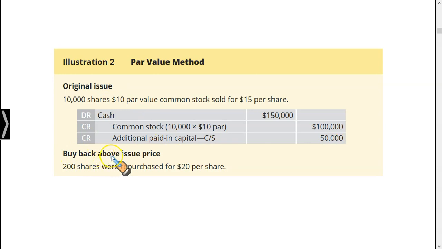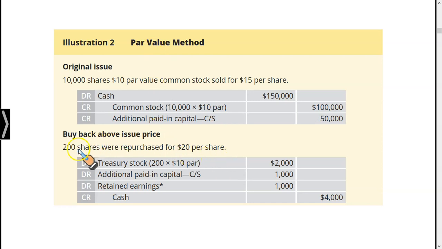Buyback above issue price. 200 shares were repurchased for 20 per share. This is the original issue price. We are buying at a higher price than the issue price. The entry we make, par method, remember. So you are buying back 200 shares, so you're going to debit 200 times 10, 2,000, treasury stock. What is the additional paid-in capital involved? $5 per share. Remember, 10 versus 15, $5.